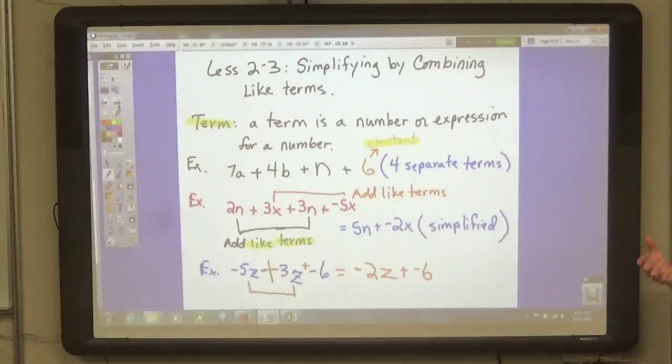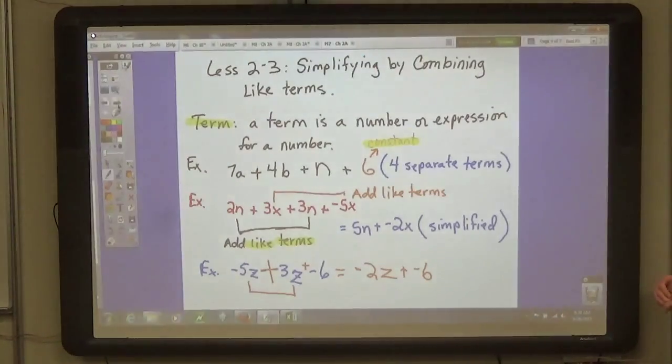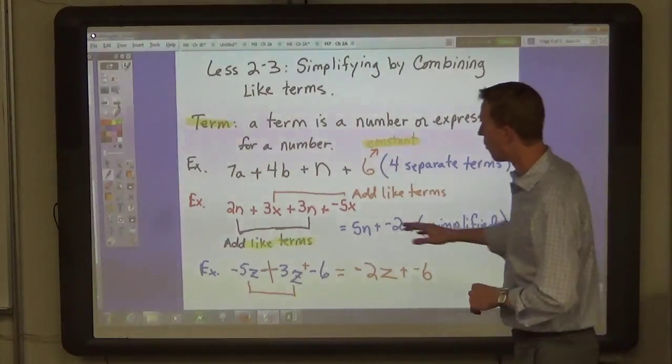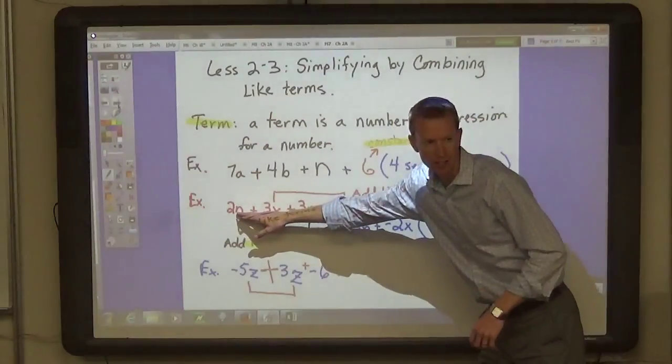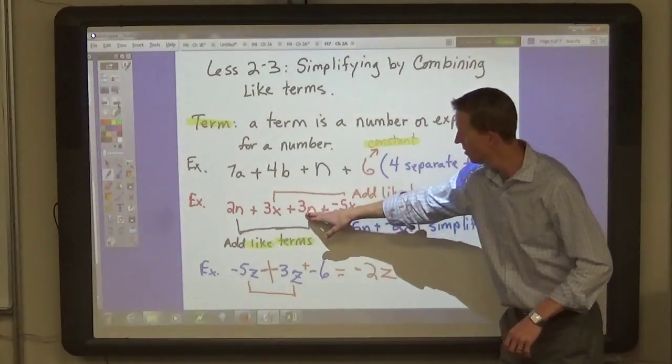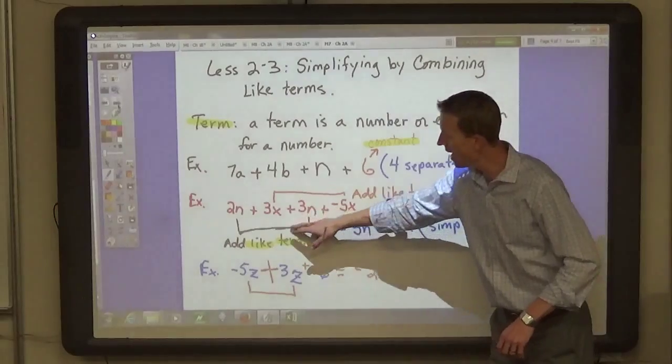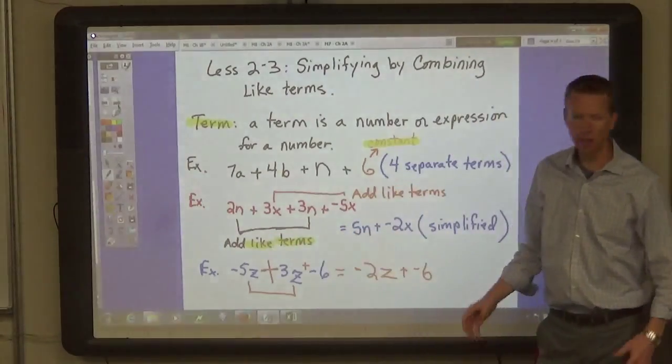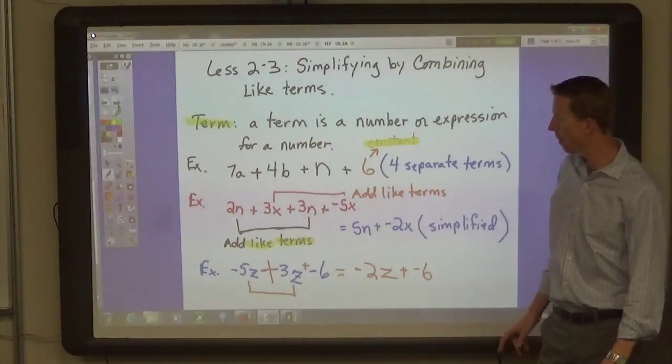They're both variable terms and they have the same variable. Exactly. So, when you have like terms, like 2n, 3n, you can add those together or combine them to make 5n.